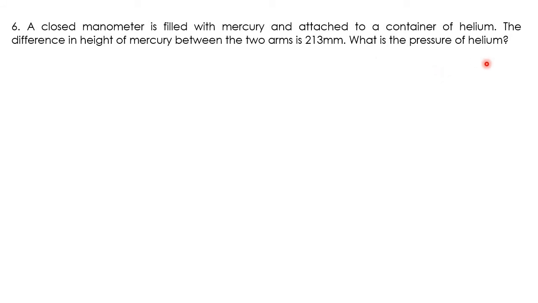So from this problem, since it says that it is a closed manometer, therefore the pressure in helium is simply the difference in height of the mercury. So the pressure of helium is 213 millimeter of mercury.